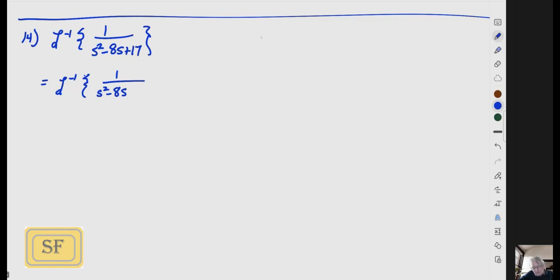To complete the square, you would add 1/2 of the coefficient of that middle term, the negative 8, squared. So 1/2 of negative 8 is negative 4, and negative 4 squared is 16. We're going to add 16 to s squared minus 8s.